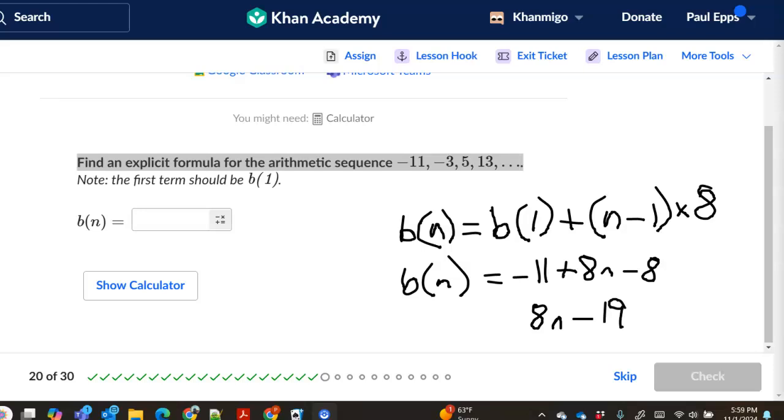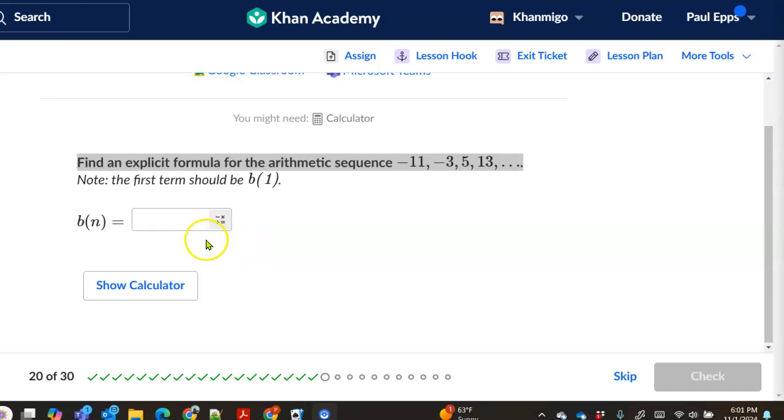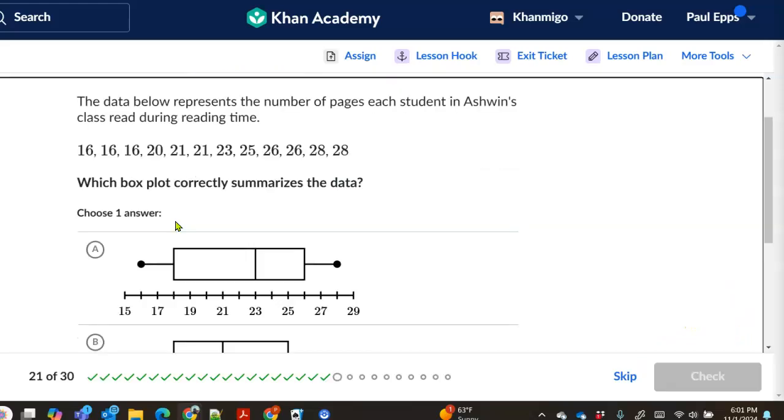Does that work for any of the other terms? Let's try the fourth term. 32 minus 19 is 13. All right, that looks right. I got to turn this off, but it's 8n minus 19. 8n minus 19. All right.